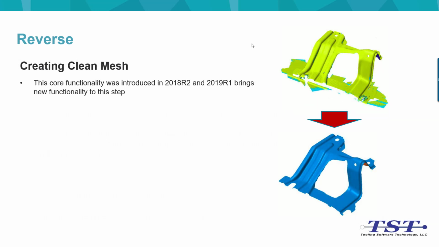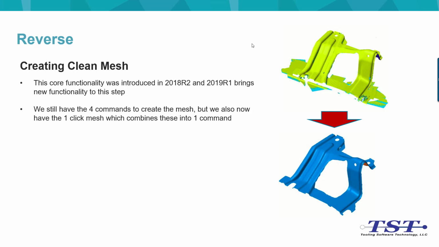So we're going to go through the steps of creating our mesh from point cloud data. Some of these commands were introduced in 2018 R2 and then continued in 2019 R1 and also in 2020. We have four commands to create a mesh, but now we have a one-click mesh command.